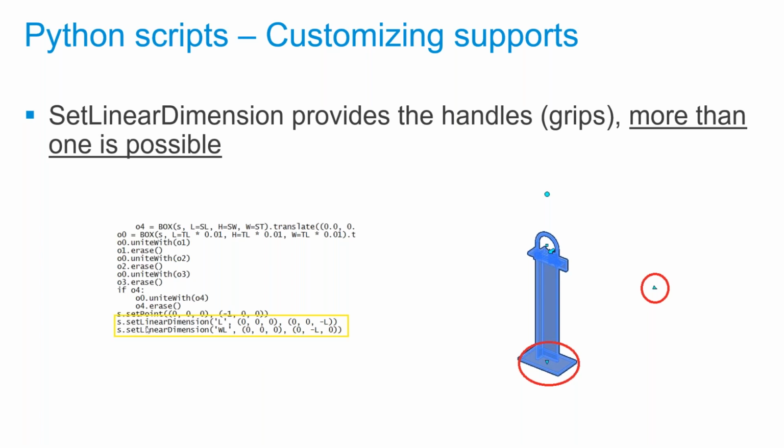So this sets a linear dimension for a certain parameter. Usually you have it for one parameter, but you can also do it for two and probably more parameters, which is interesting if you're creating supports, because you might want to create more than one handle. Just a side note, really just for the ones dealing with these Python scripts.